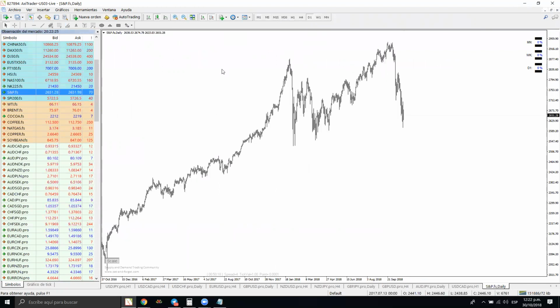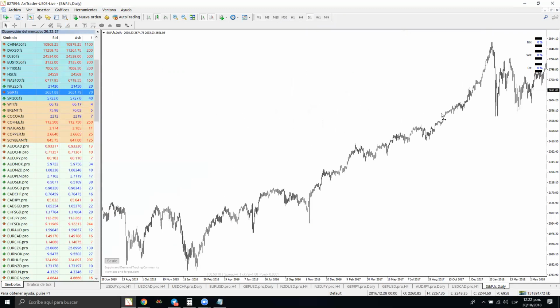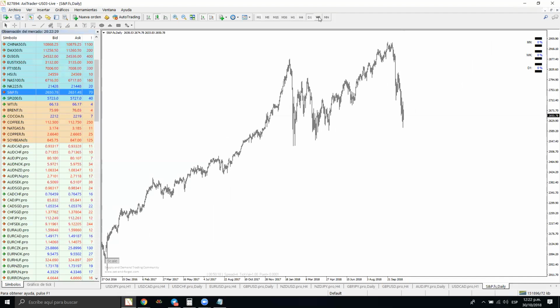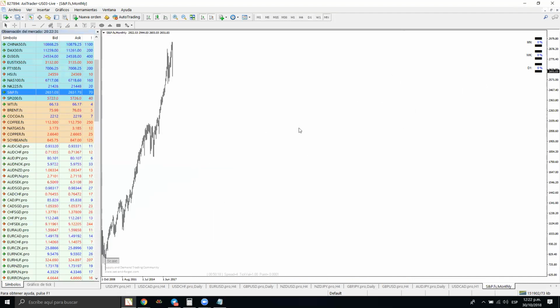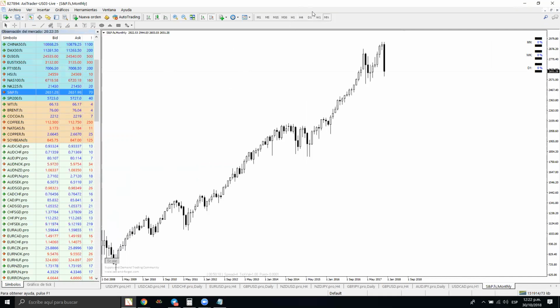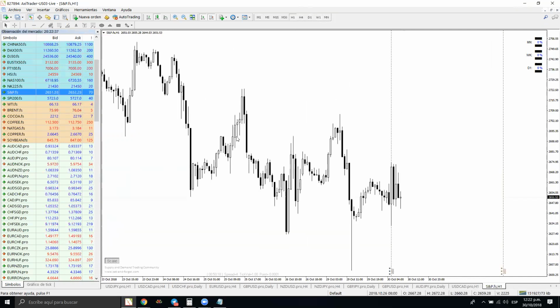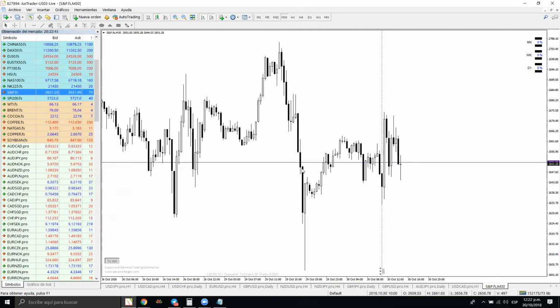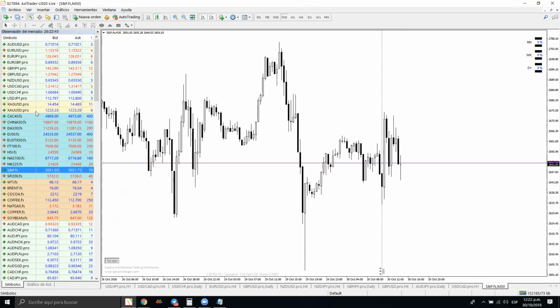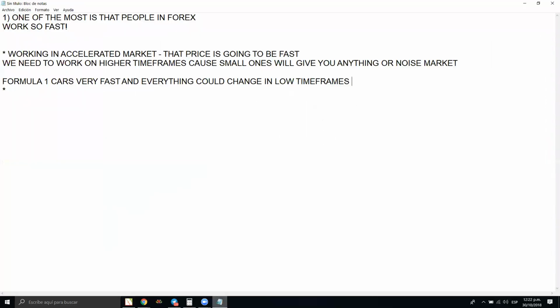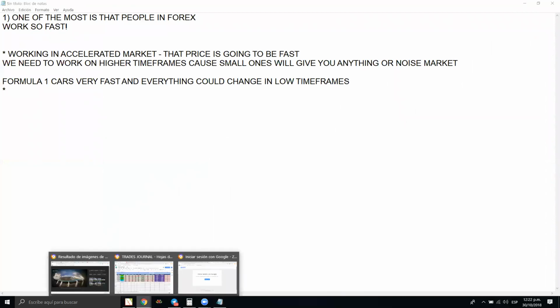Look, all this kind of market. This market is very slow, even in lower time frames, with not too much noise. So that's the big difference. First, we need to understand that we are in an accelerated market, and we need to reduce speed.